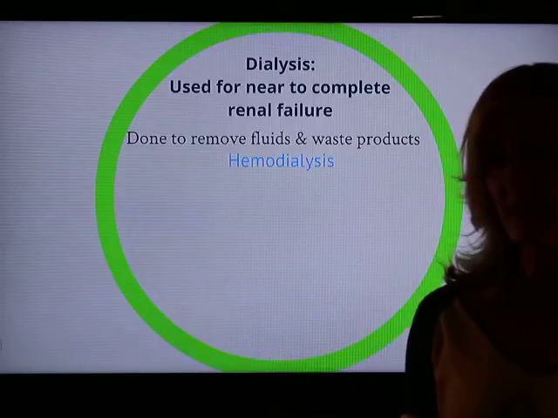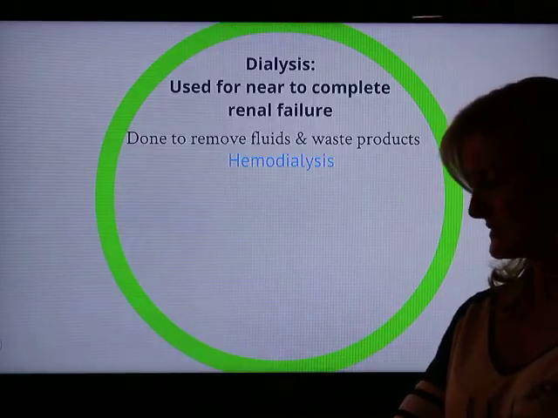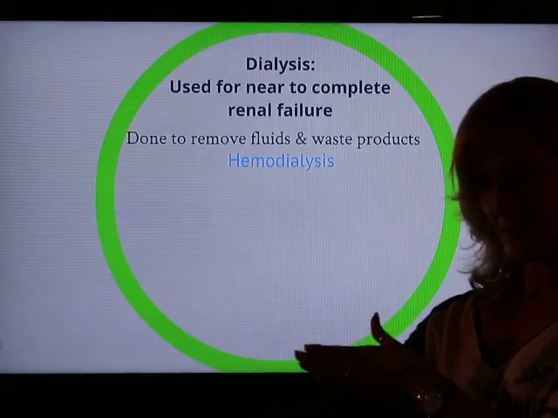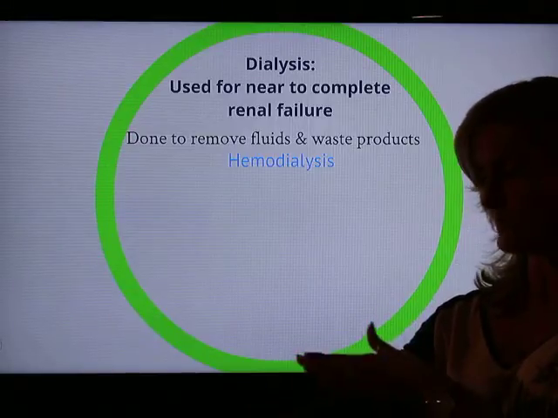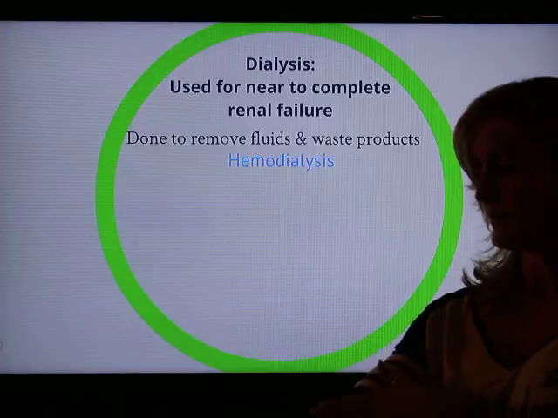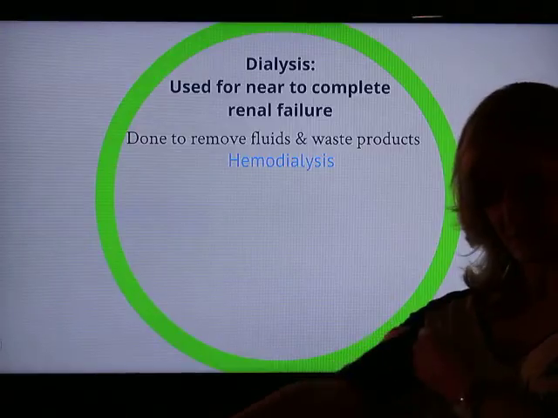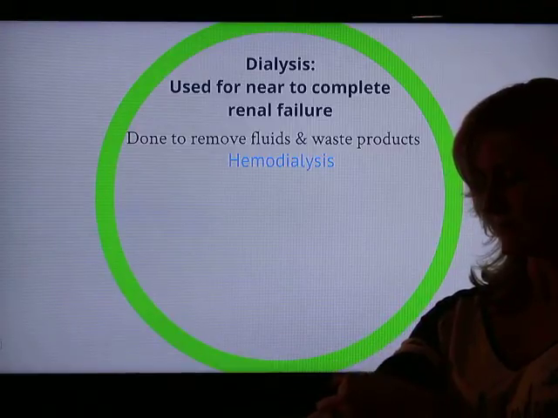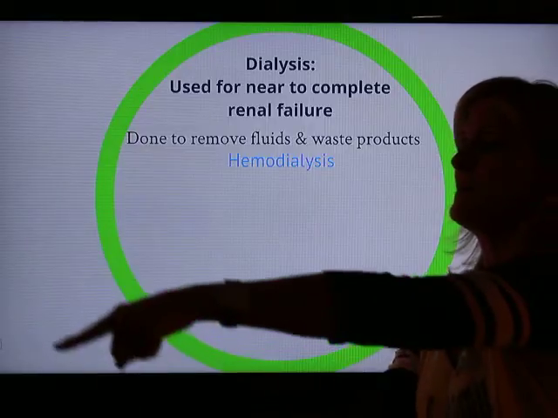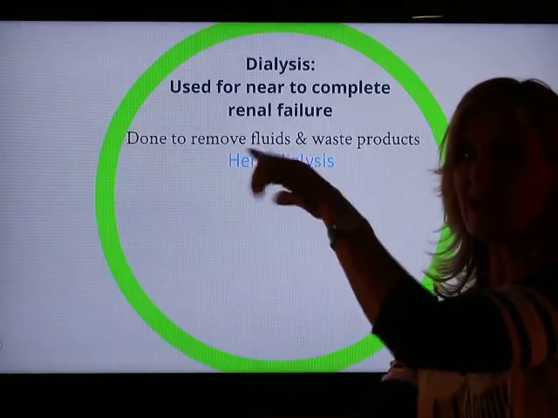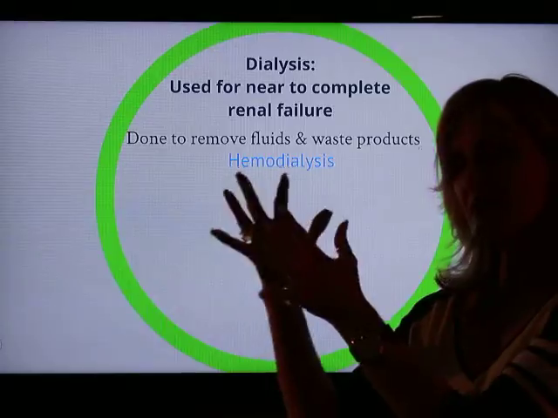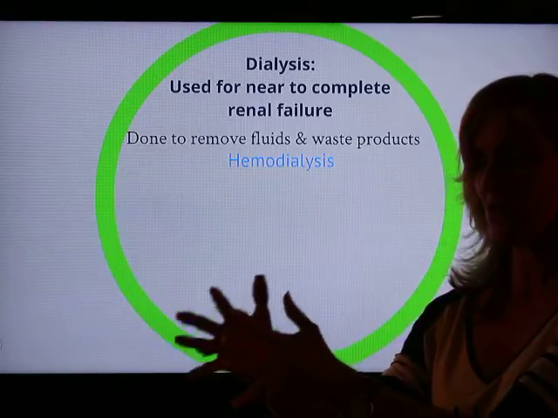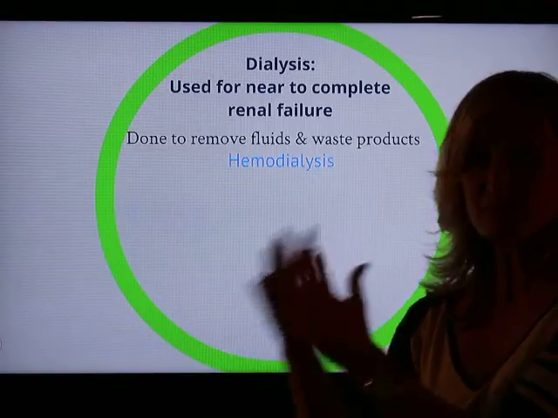So hemodialysis is a process where they take out the blood from the venous system, the arterial system, and run it through a dialysis machine, and the dialysis machine will work as an osmotic agent.